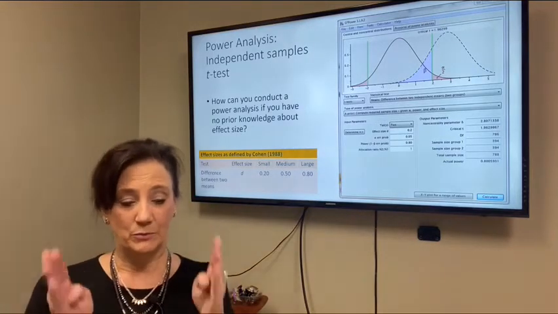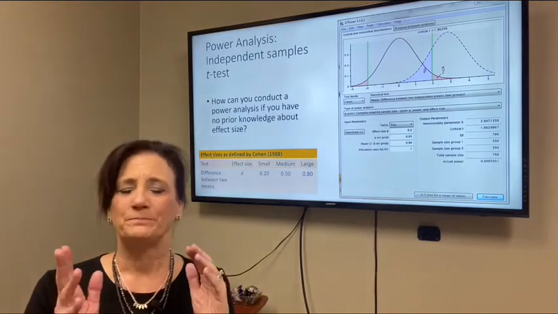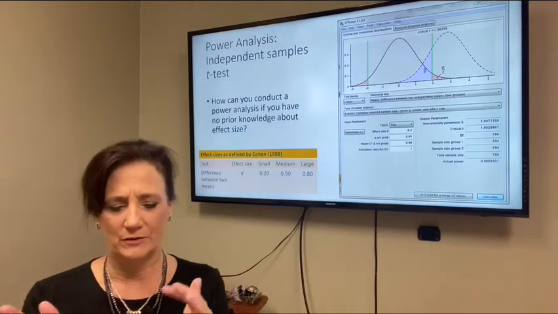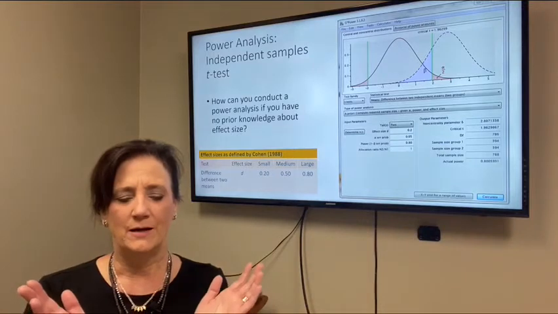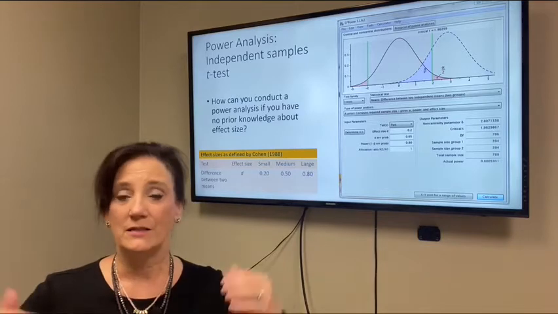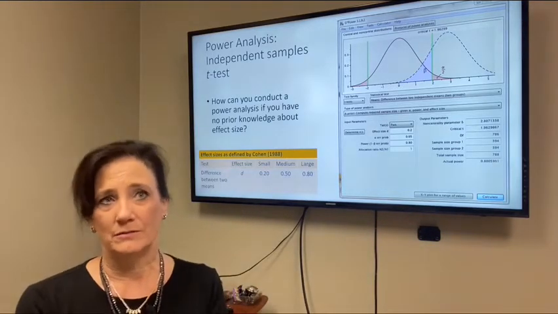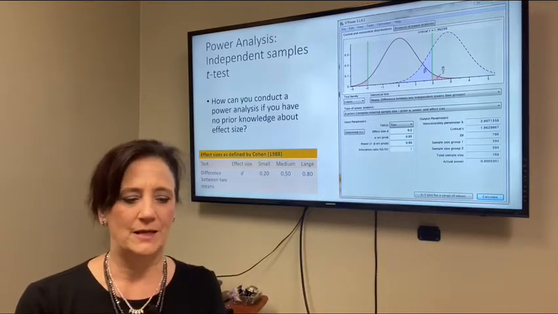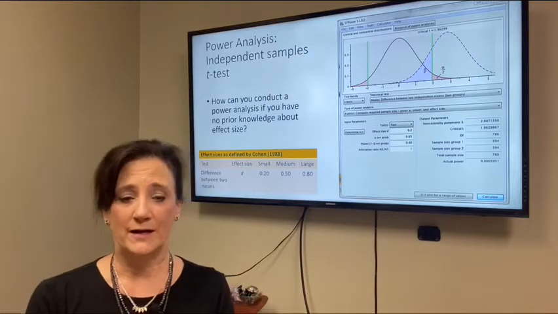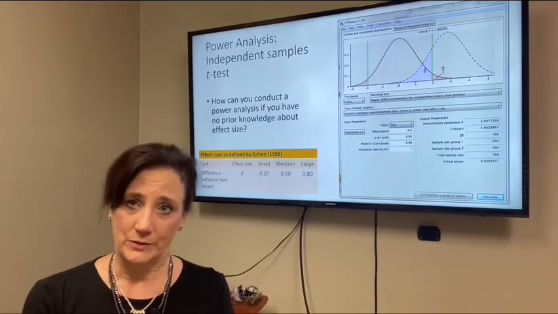If it's between 0.2 and 0.5, depending on exactly how close it is to one or the other of those values, I would frame it somewhere along the lines of a small to medium effect size. And just be transparent about it and say small effect size is 0.2, medium effect size would be 0.5, the effect size for this study is 0.3, and thus falls between those two values.